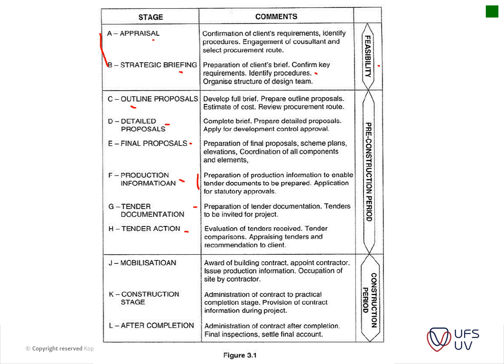Once your tender has been awarded, you appraise your tenders, and then the mobilization includes the awarding of your building contract and the contractor is appointed. And then you've got your construction stage, which is the administration and practical completion stage. After completion is your closeout stage, as we have it as stage 6. So very good reading to supplement your 6 stages and filling in those 6 stages and the outcomes thereof.